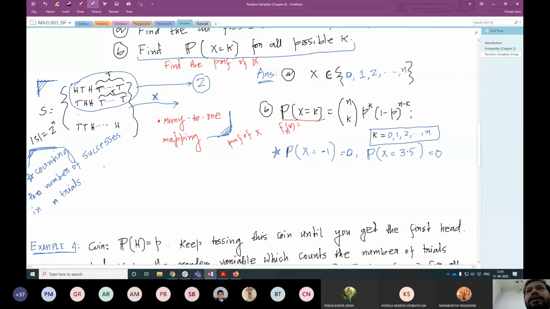Basically, you repeat an experiment a specified number of times, and then you count how many times you get a very specific type of result, which you call a success. These kinds of problems can be solved in exactly a similar way, and this is a model example, and this model is called the binomial distribution model.